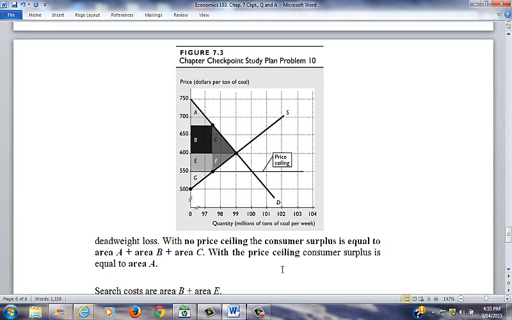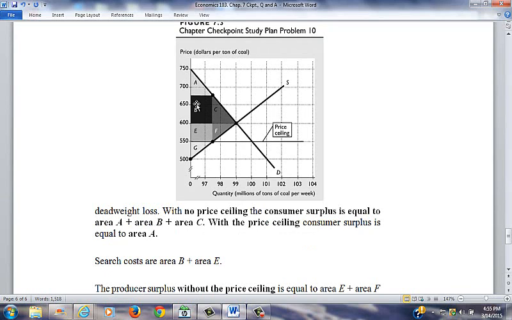But now with the price ceiling, the consumer surplus is limited just to this triangle A. Why is that? Well, people are willing to pay $675 here. So at that point, it's simply triangle A. The search costs are sections B and E.